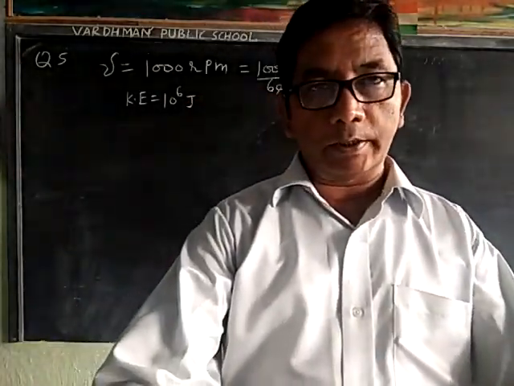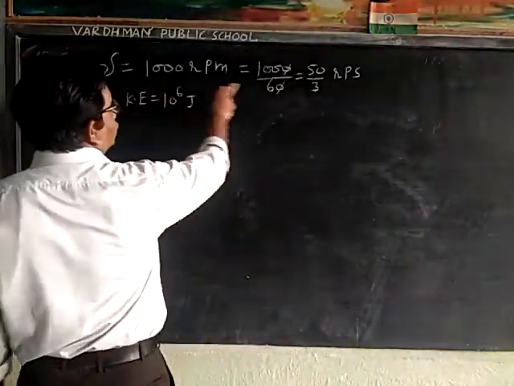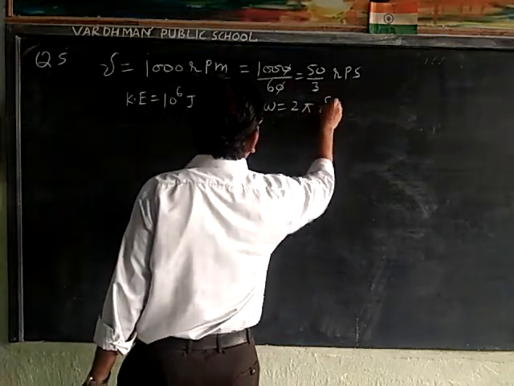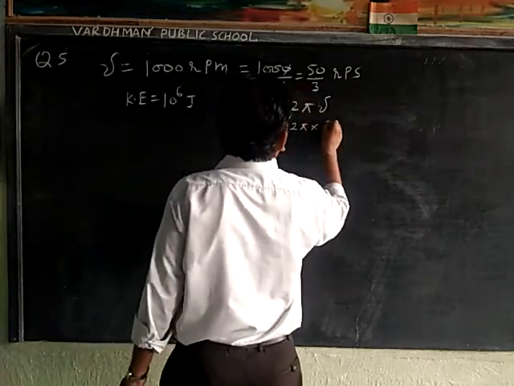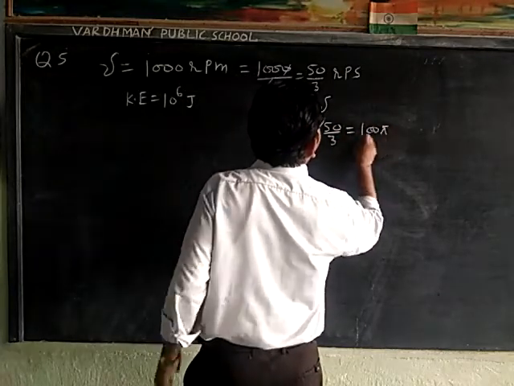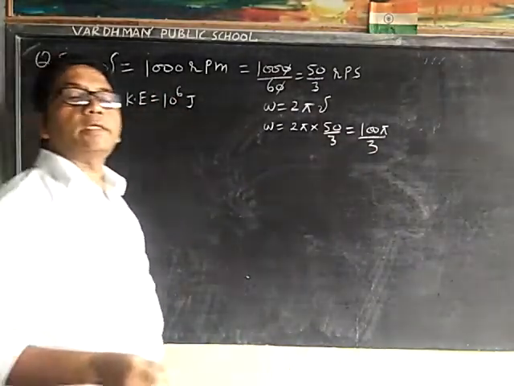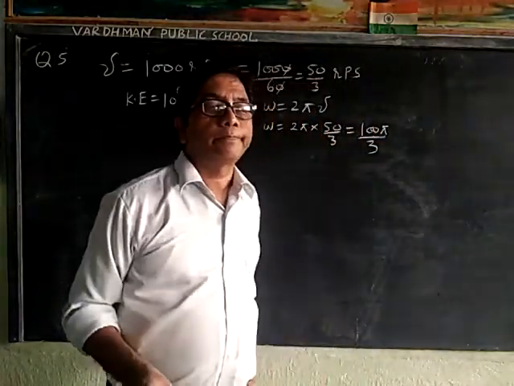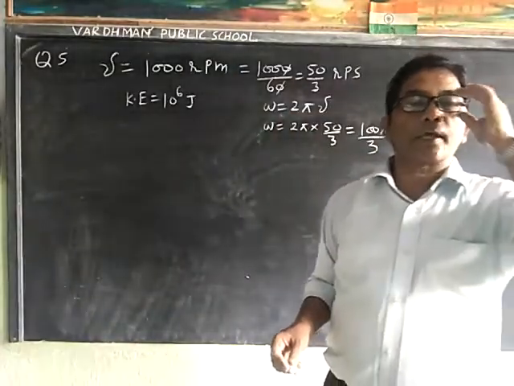Now omega is equal to 2 pi nu, and nu is 50 upon 3, that is 100 pi upon 3. Now you have to calculate the moment of inertia.